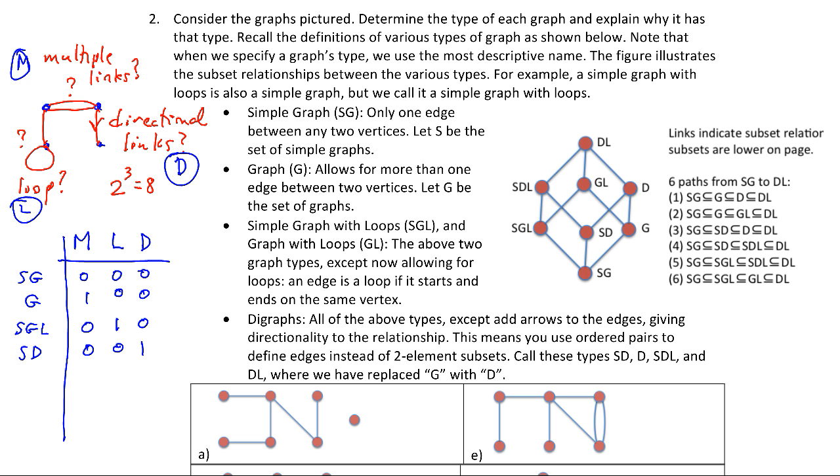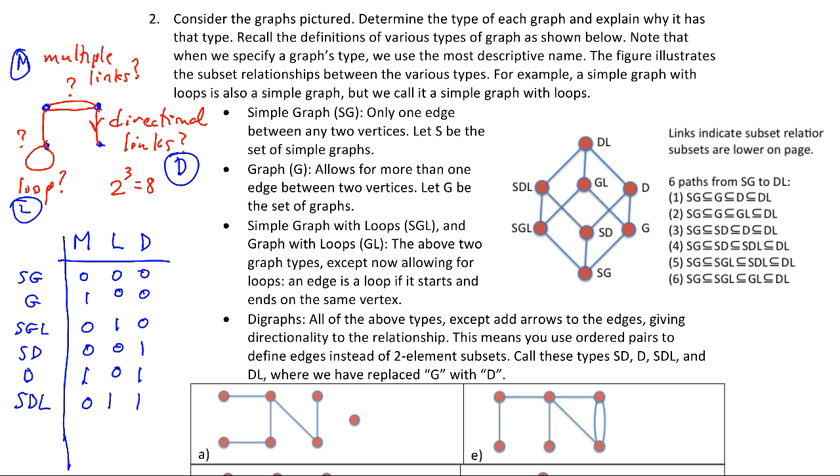Finally, we can take the graph and turn it into a digraph by allowing the multiple links and allowing the directed links. We can take a simple digraph and add loops, so we take the 0, 0, 1 and add the 1 here.